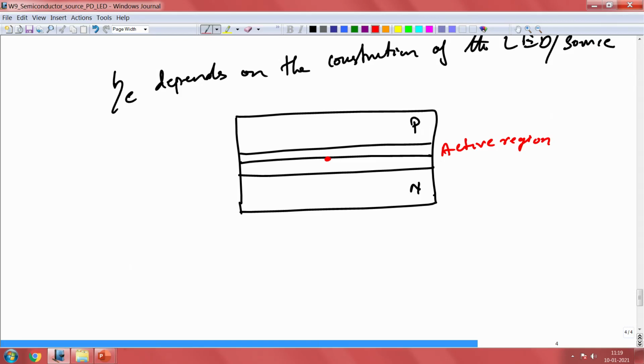There are different ways that you could extract this light. Let us look at how this light is generated here. It is isotropic in nature. So, isotropically you generate. That is how light is generated in a simple LED, in a spontaneous process.